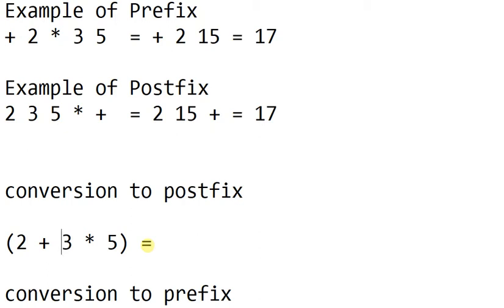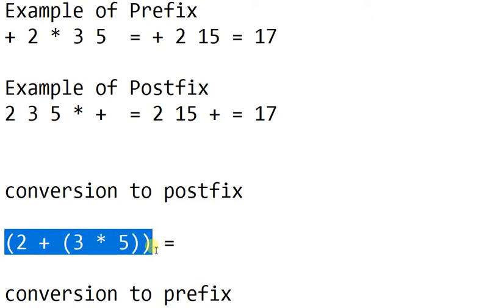Here you see the multiplication operator has more precedence than the plus operator, so we would evaluate this operator first. So I will cover this with a bracket. We keep on adding brackets according to the order of evaluation. So we have added all the required brackets to this expression because first of all we will evaluate this one, and then the answer of this one will be added to this number.